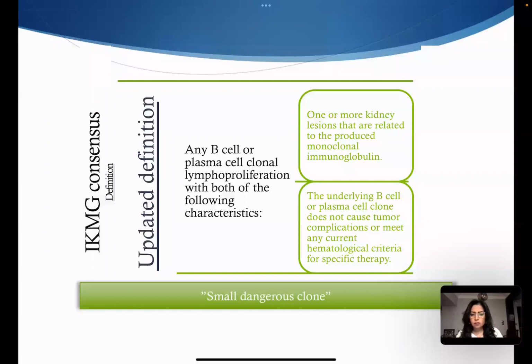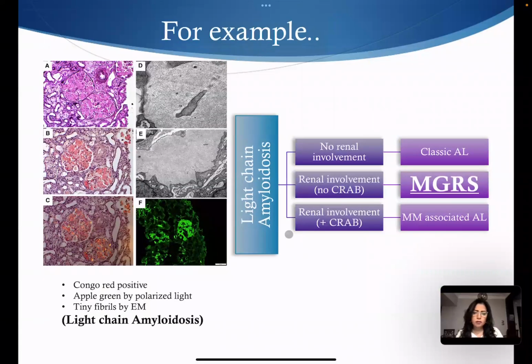For example, in light chain amyloidosis, if there is no renal involvement, this is a classical AL amyloidosis. If there is renal involvement with no CRAB, this is an MGRS. If there is renal involvement with CRAB, this is a myeloma-associated AL, or amyloid light chain.